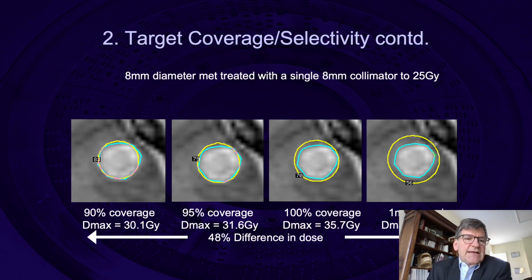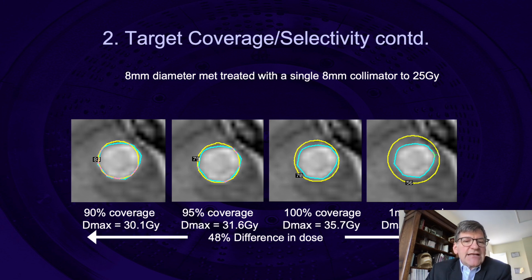And here in an example, it's the same metastasis treated with a single collimator isocenter with the Gamma Knife. On the left, we've got 90% coverage, then 95, then 100% coverage, and then on the far right, 1 millimeter margin. And these are all treatment coverages that I've seen when I've visited and audited centers around the world.